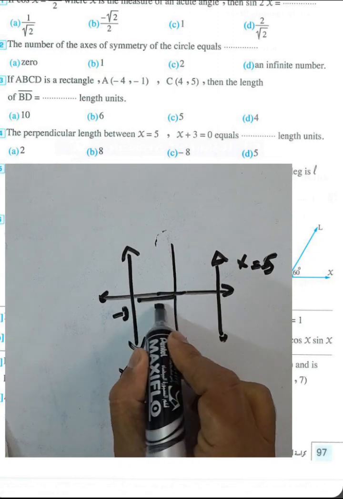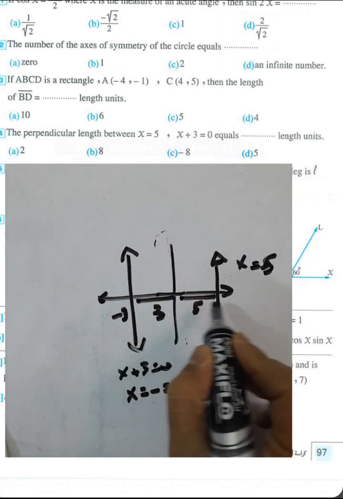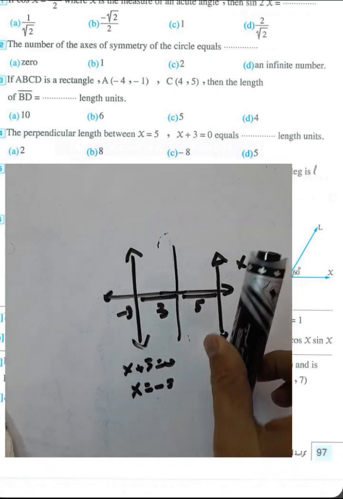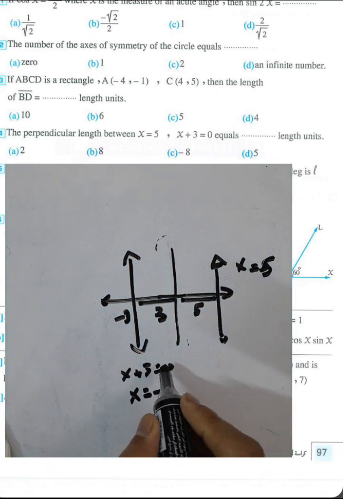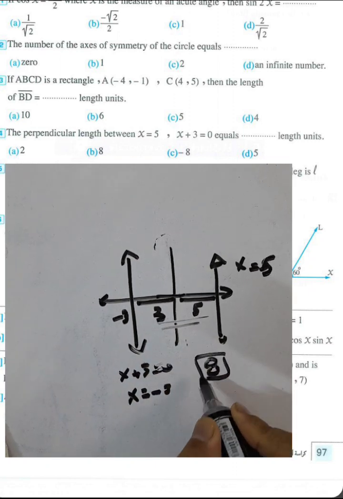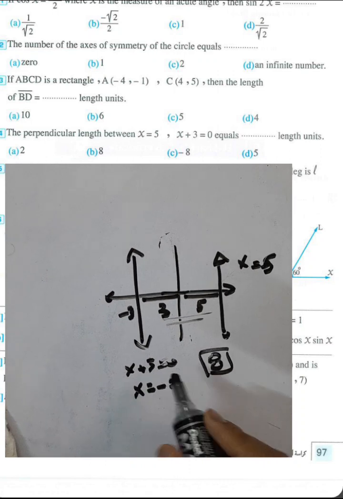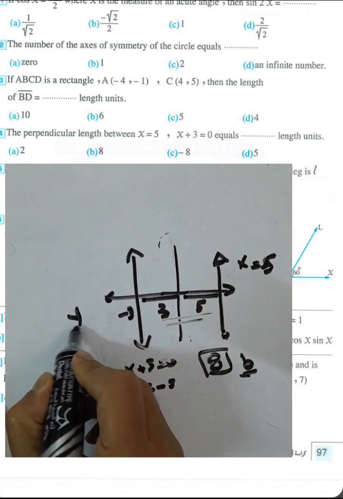Then the length here will be 3 units, and this length 5 units. Then the perpendicular length between the two lines x equals 5 and x equals -3 is 3 plus 5 equals 8 length units. Choose letter D for question number 4.